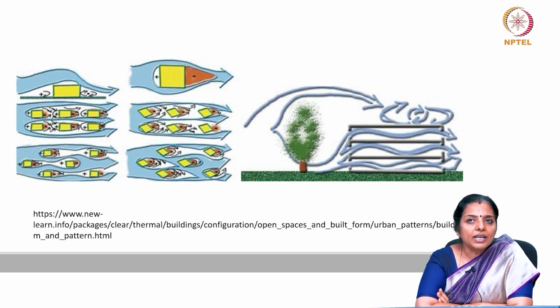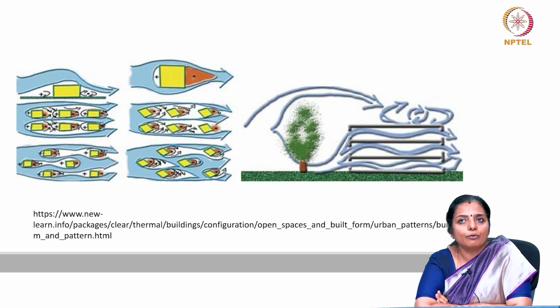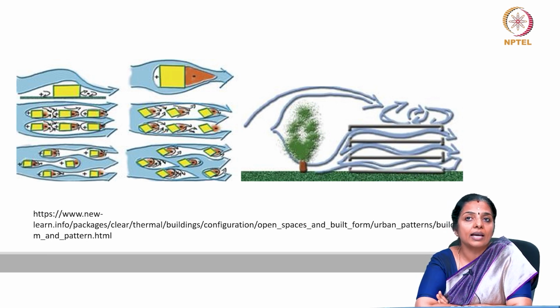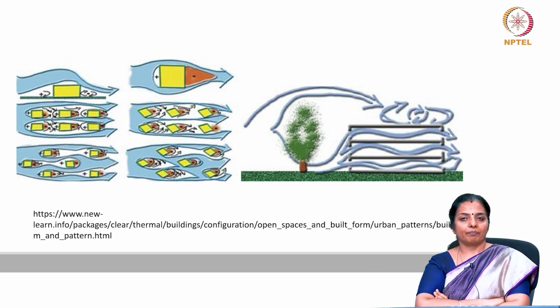Now the configuration and pattern of massing in the built form can largely determine and modify the air movement both inside the buildings and around the buildings. Depending on the relationship between the wind direction and that of streets and buildings, there may be variations in wind speed.